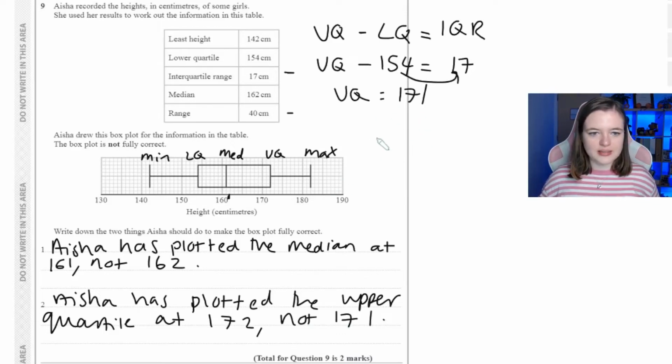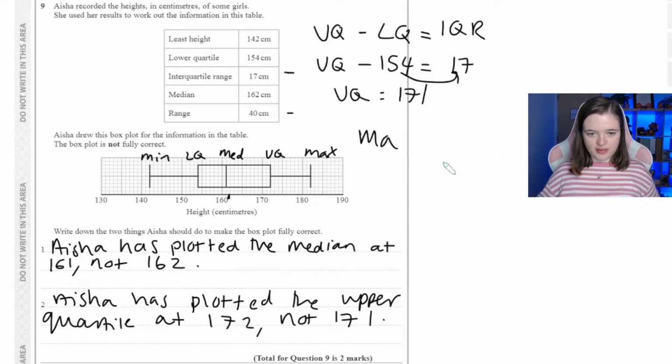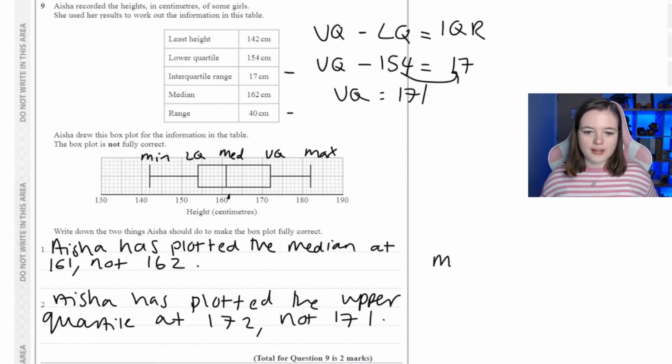So least height, range, that's max, take min. That's the range. Oop, you can't see that anymore. Oopsie daisy. Let me move that somewhere else where you can see it. Put it down here. So max, take min. That's the range. Always, always. Highest take lowest.